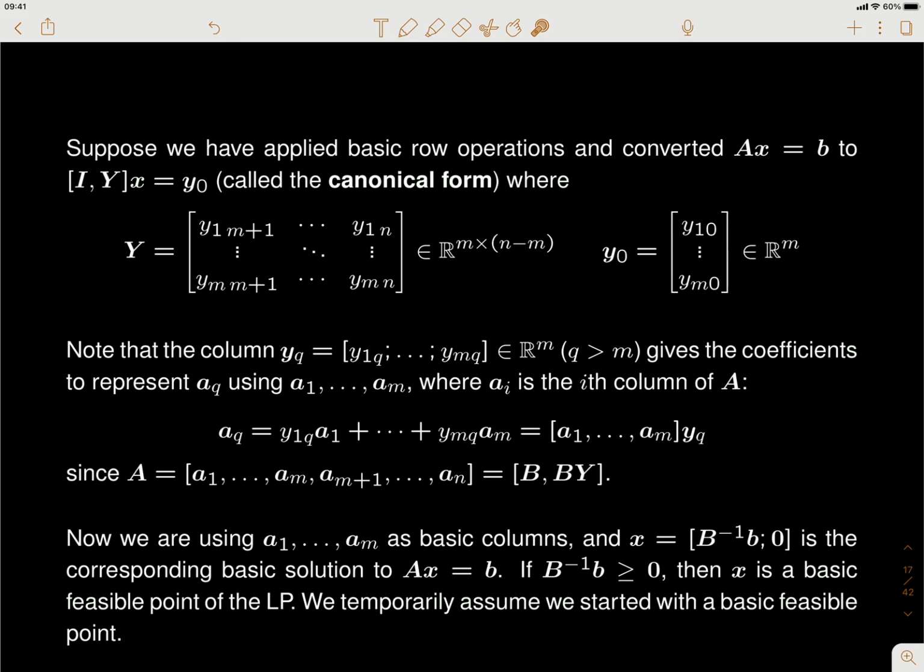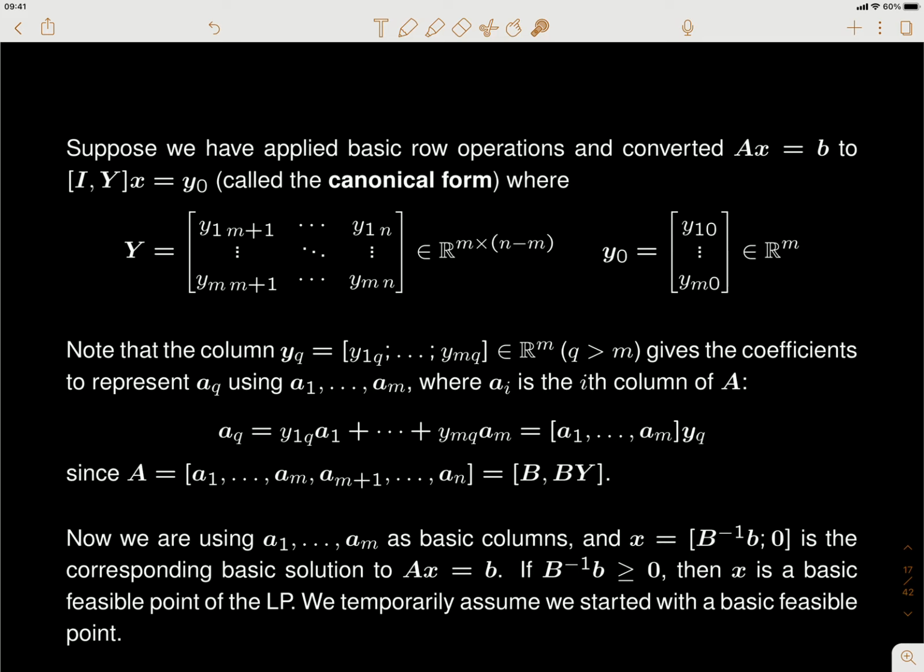Okay, so as we mentioned earlier, this Y is the D matrix, and this D matrix is the coefficients we use to represent the last n minus m columns of A using the first m columns of A. Okay, so that's the meaning of this Y. And the Y here has m rows and n minus m columns, because we have n minus m columns remaining after we take out the first m columns.